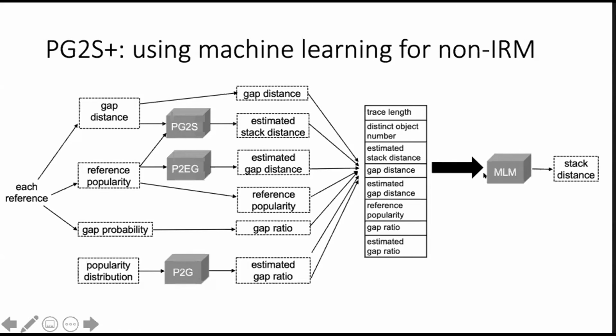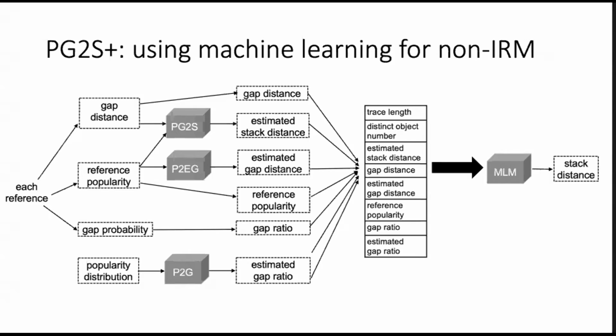The machine learning models take several inputs: the trace length, the estimated stack distance, the estimated gap distribution, the real gap distribution, the estimated popularity, and so on. The intuition here is that there is a difference between the ground truth gap distance and the estimated gap distance, and the differences between the ground truth gap ratio and the estimated gap ratio, and so on.